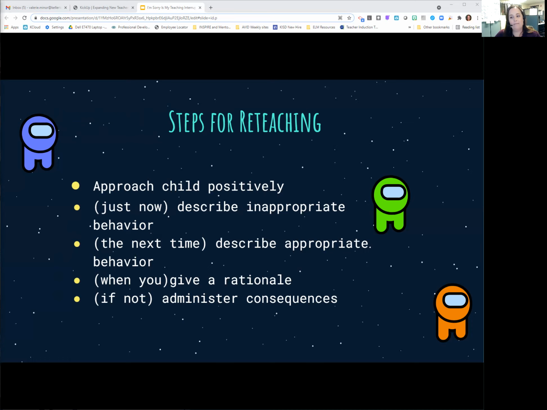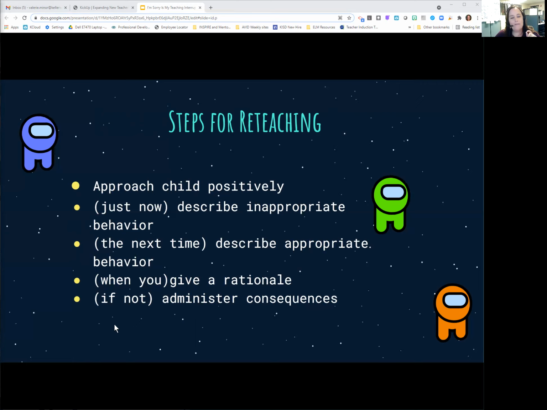"So, next time, I would like for you to get up and walk to the trash can and put the paper in the trash can instead of throwing it across the room." Okay. The next, "when you," and you give some sort of rationale. "So, when you throw paper across the room, it distracts everybody's learning and we all have to pause and we're not able to get through what we need to get through so that you don't have homework for the afternoon," or something along those lines.